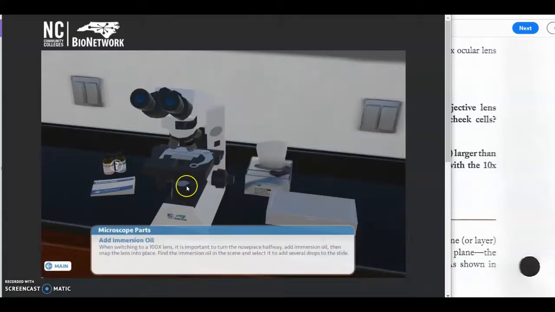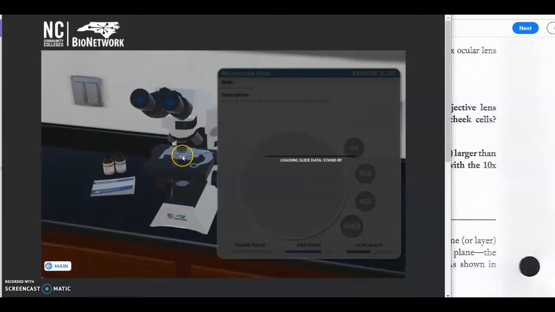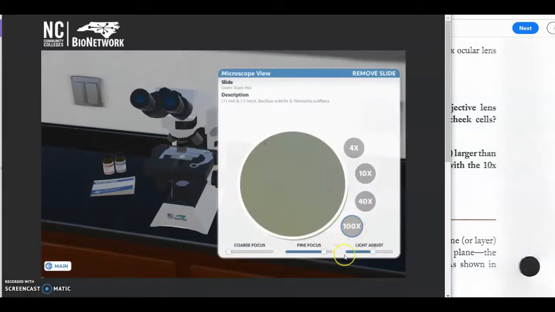So you do 100x, but for 100x objective lenses, so 1000 times total magnification, you need to add so-called immersion oil. So we're virtually adding immersion oil, and here we can see bacteria really well. We can see gram-positive bacilli, we can see gram-negative bacilli, it looks good.